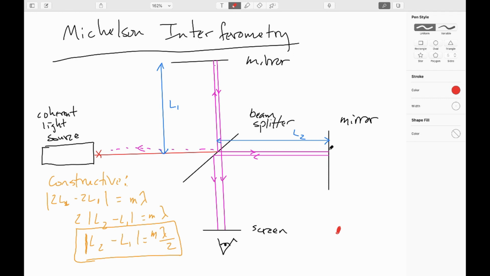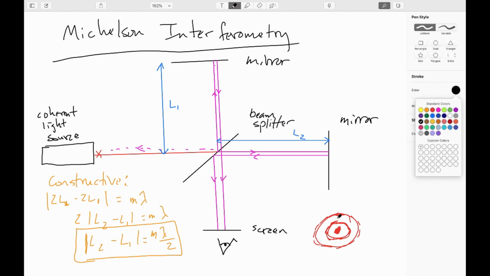And same with the off-axis light coming off the mirror, passing through the beam splitter and hitting off the mirror over here. So as a result, the pattern you get looks kind of like a target where you're going to have alternating bright and dark rings.